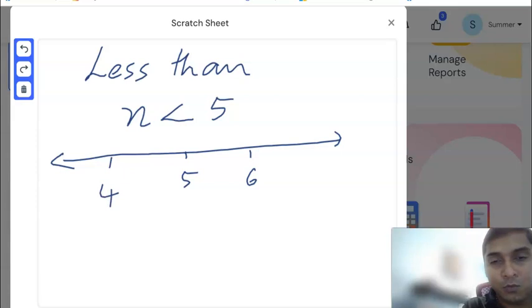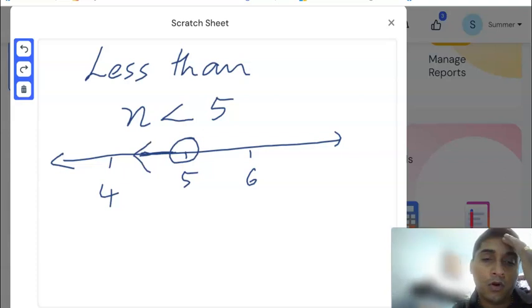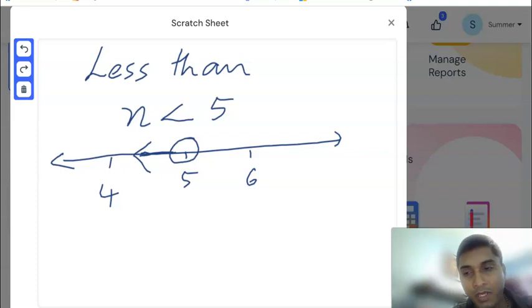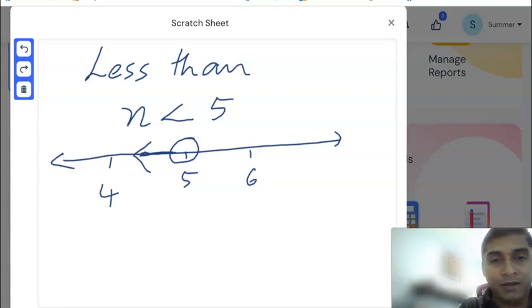This will also have an open circle because we don't have that small thing, but all values less than 5 are 4, 3, 2, 1, 0, negatives and so on. So all values less than 5 means we have to look to the left side of 5. That's why that graph goes to the left.